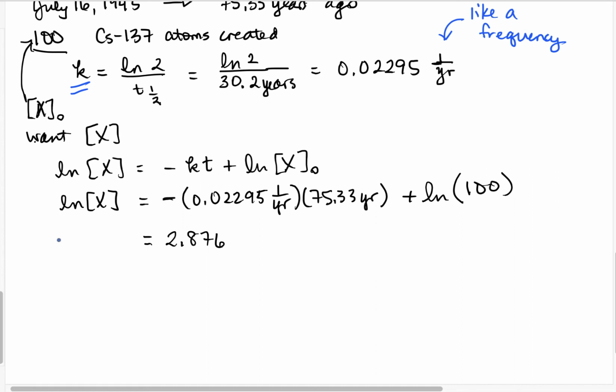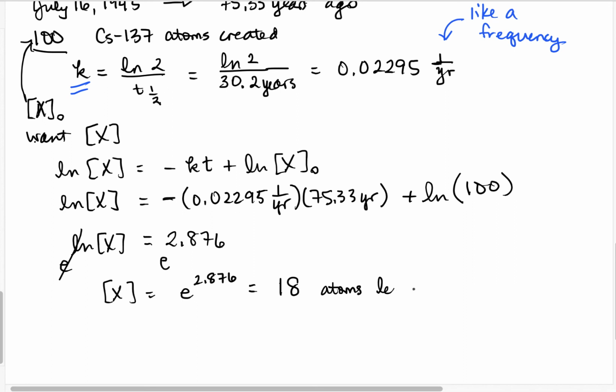In order to undo the natural log, we're going to take both sides to the exponential function. So this will undo those, and then we'll have x is equal to e to the 2.876. If I plug that in, I'm going to get 17.7 something, but I can't have a fraction of an atom, so I'm just going to say that this is about 18 atoms of cesium-137 that are left.